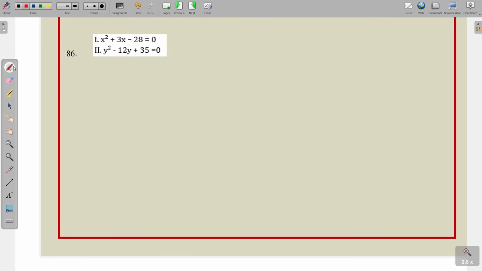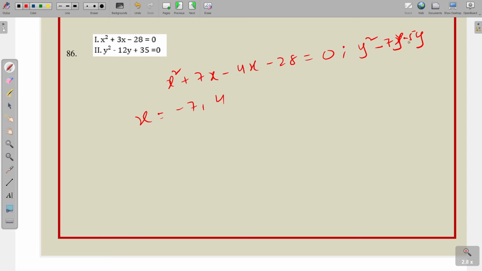The same way for this quadratic equation, x square plus 7x minus 4x minus 28 equal to 0. So, x is equal to minus 7 comma 4. In the same way, y square minus 7y minus 5y plus 35 equal to 0.